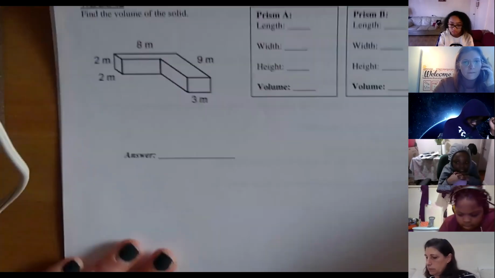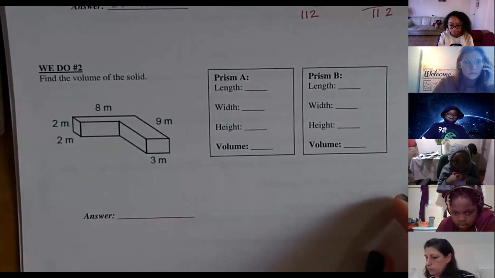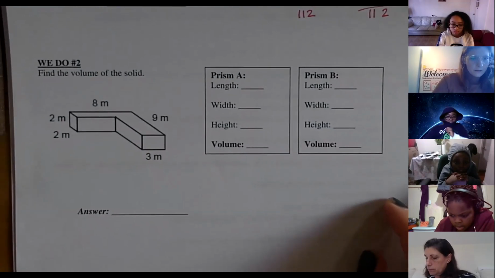All right, everybody go ahead and do number 2 on your own. Practice splitting it into 2 different prisms.